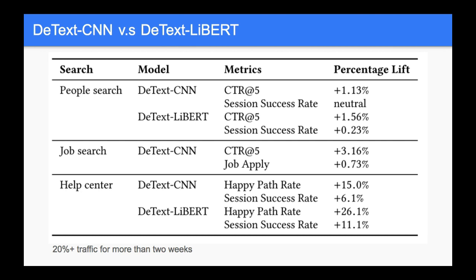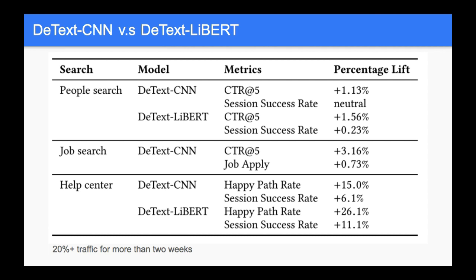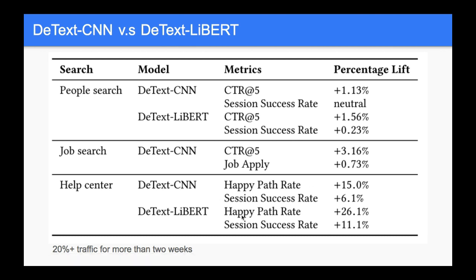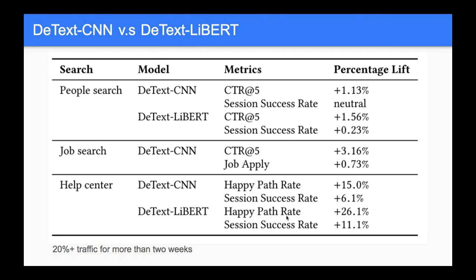And for the help center, it's most interesting because you can see the CNN model and the BERT model both have very, very strong performance improvement over the baseline model. You can see the customer happy path rate is improved 15%. And for the DeText-BERT model, this happy path rate increased 26%, which is insane.